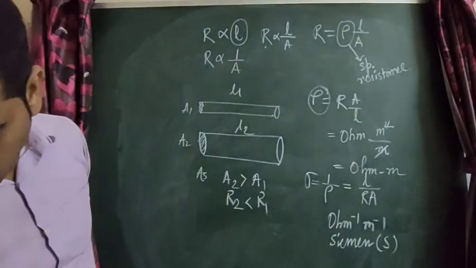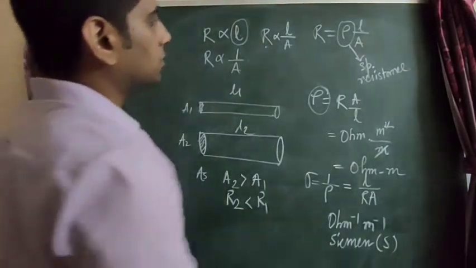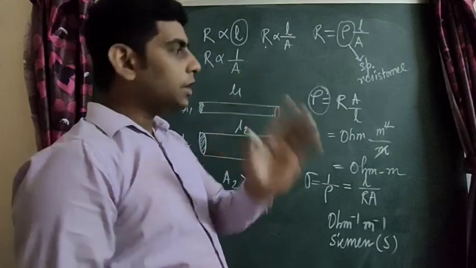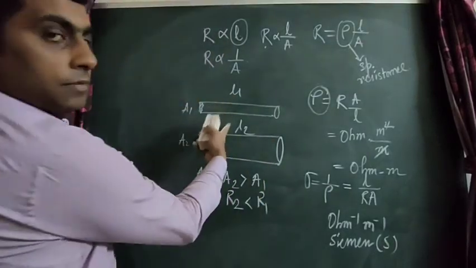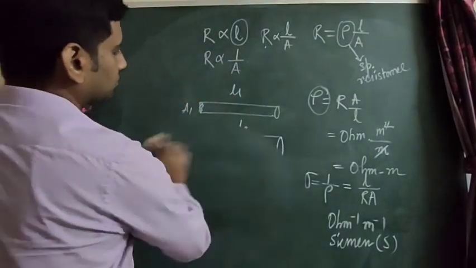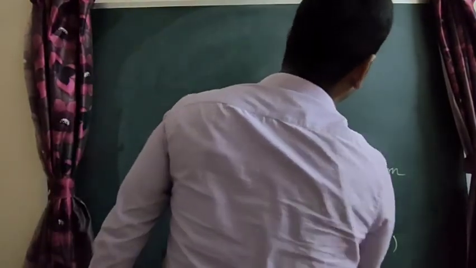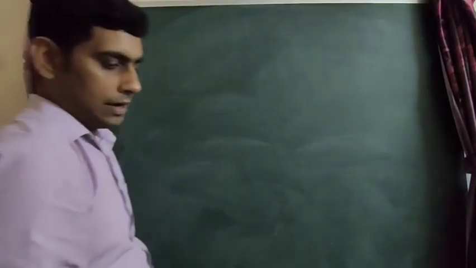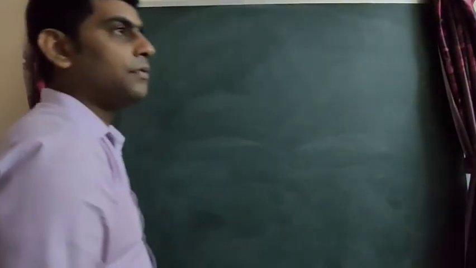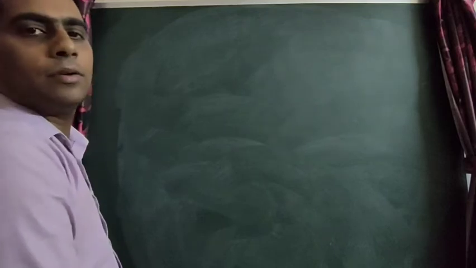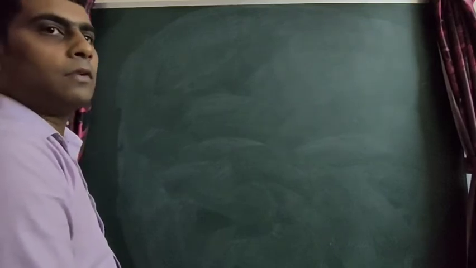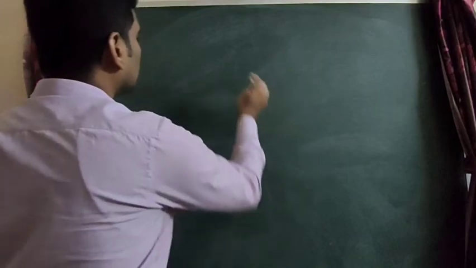Fine. Now from this, suppose there is a short numerical type question, using this concept. Keeping the temperature constant, if I double the length of a conductor, what will be the new resistance?